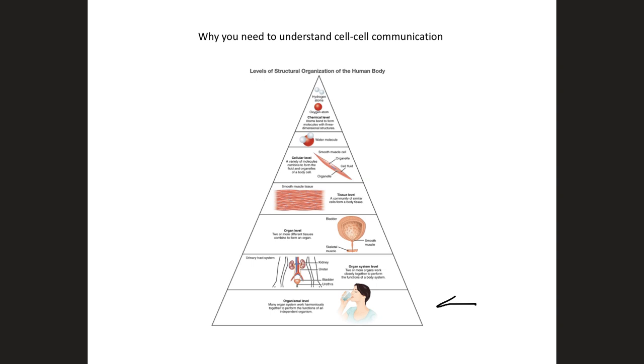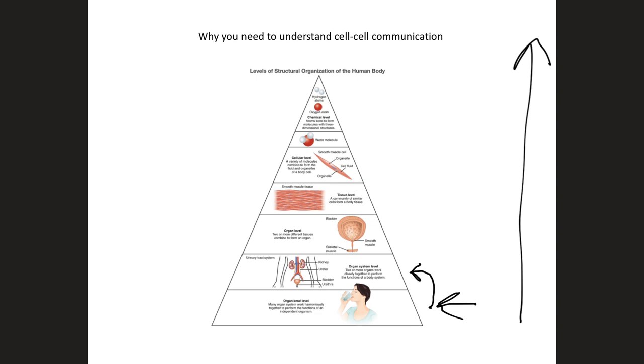So here we are. Humans, we're trying to understand human physiology, but we really need to understand how a human body functions. We are a multicellular organism, and our body is made up of organ systems. As we're moving up this hierarchy, we go to simpler and simpler systems.